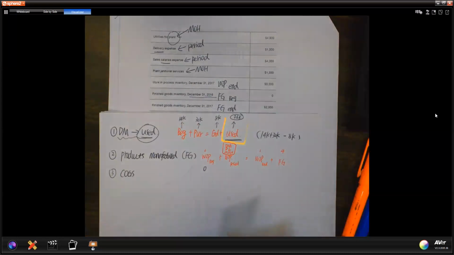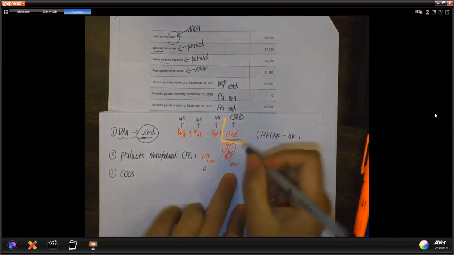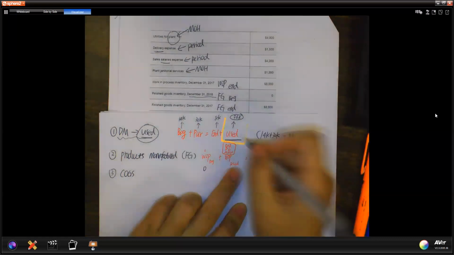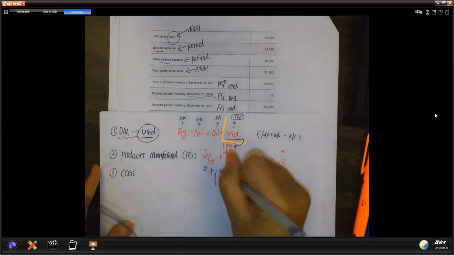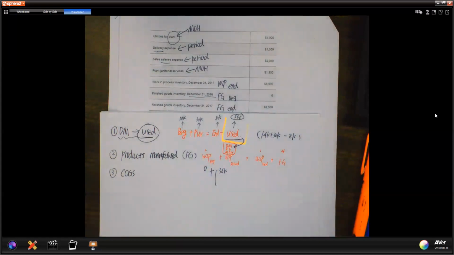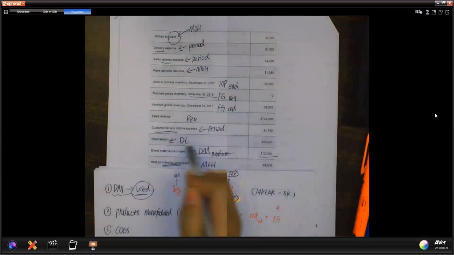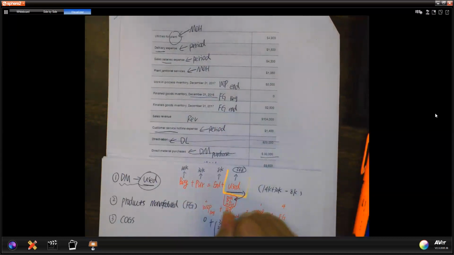And then during the period, we put direct material, direct labor, and manufacturing overhead. Our direct material used, you already knew, is 36,000. So we put 36,000. We also put direct labor, and the question told you the direct labor directly. We use the direct labor of 23,000.